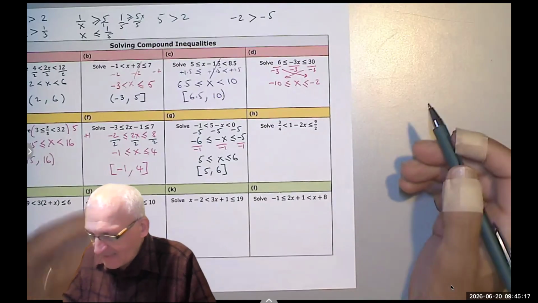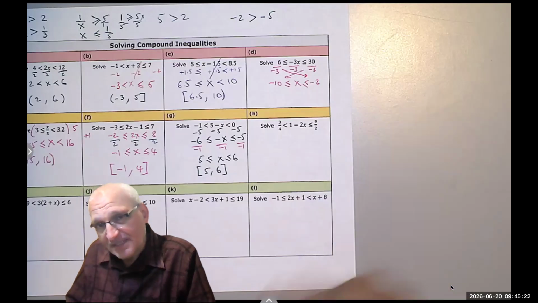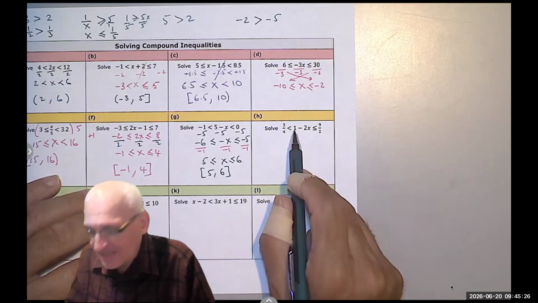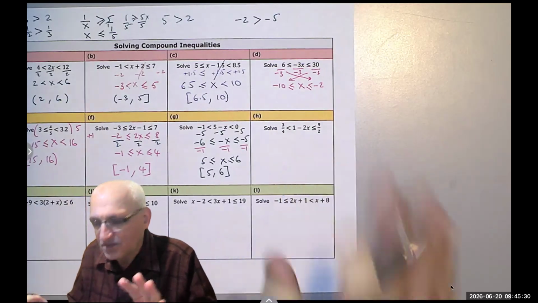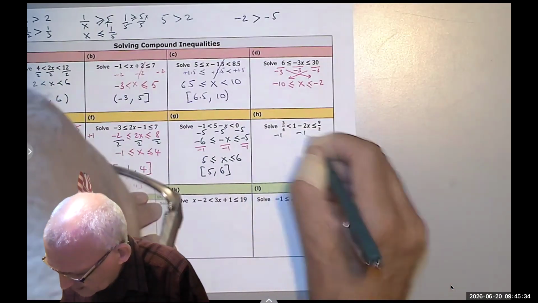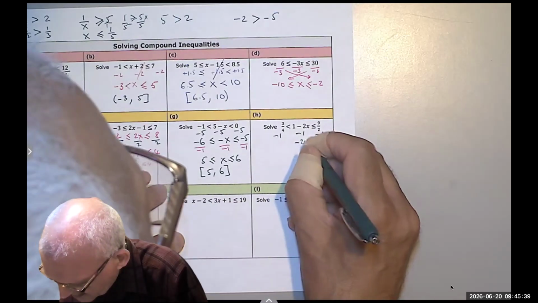So I can subtract 1 first and then divide by -2, or if I divide by -2, that would be a fraction, and I already have fractions. No. Just subtract 1. Subtract 1, subtract 1, subtract 1. The middle one is easy. It's -2x.